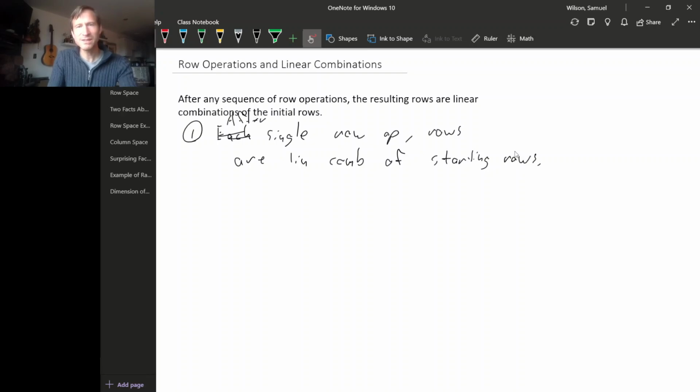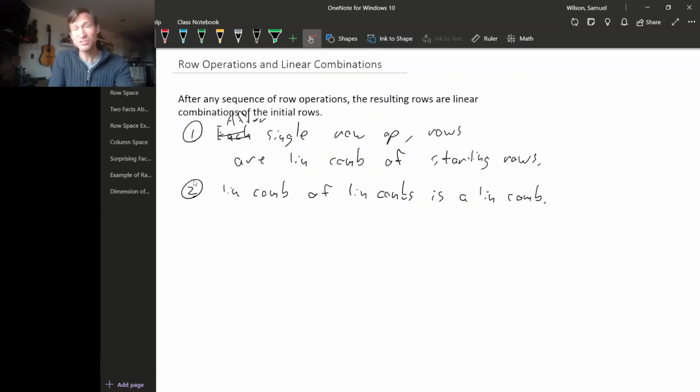Okay, and this will be easier to show because we only have to deal with the row operations one at a time. And the second thing that we'll show is a linear combination of linear combinations is itself a linear combination.